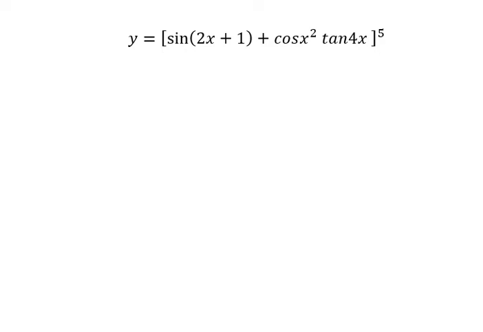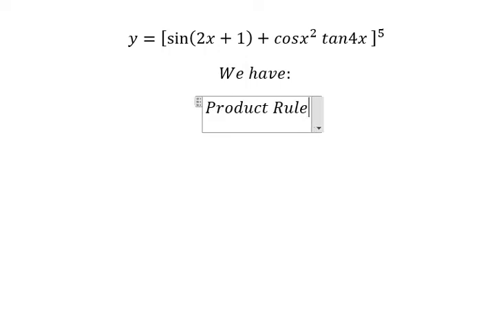The topic today is about first derivative. So now I want to show you how to answer. We have the formula in here. That is about the product rule of derivative.